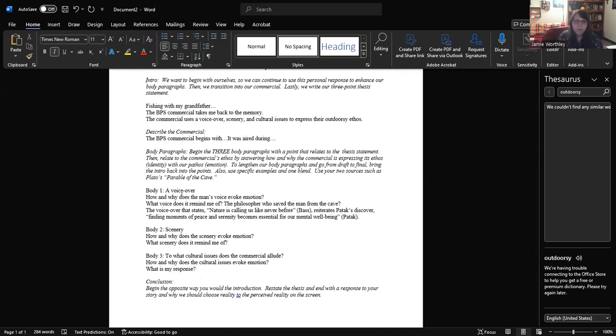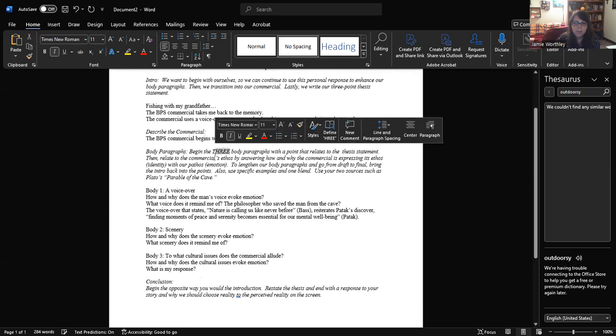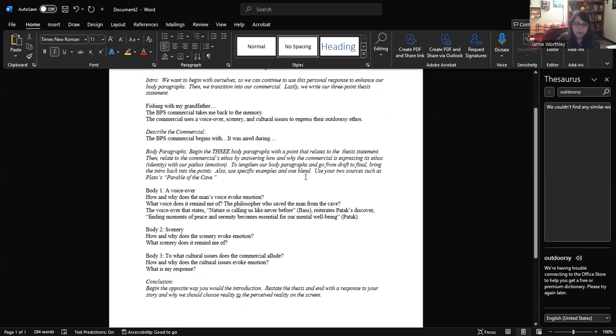We really only want 3 body paragraphs that begin with a point that relates to our 3-point thesis statement. That's something interesting that I'm seeing over and over again right now, students with more than 3 body paragraphs.